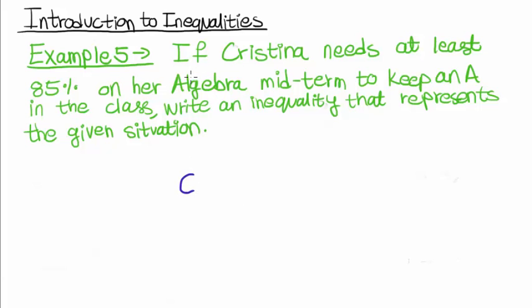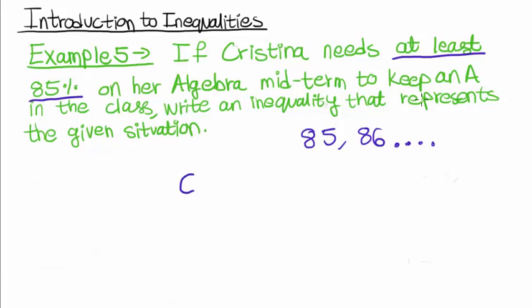The first part of this statement reads that Christina needs at least 85. Now, at least 85 tells me that 85 will satisfy my inequality. So will 86 and any number that is bigger than or equal to the number 85.